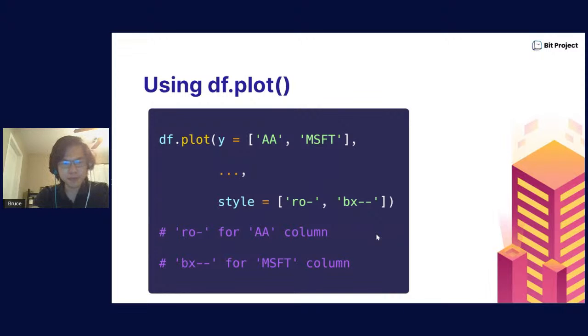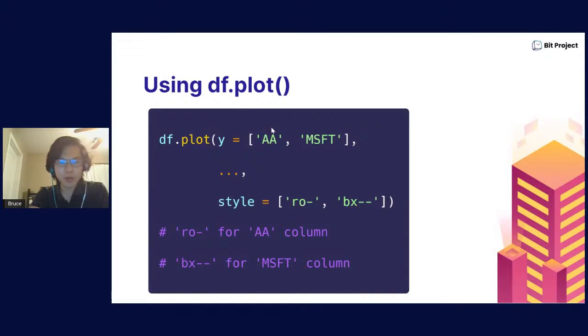And also, if you have multiple columns, you have to make sure to use the style argument, right? Because if you pass in a series of style arguments, then we associate the first line, the first column that we're plotting, with the first style argument, and the second with the second, so on and so forth.